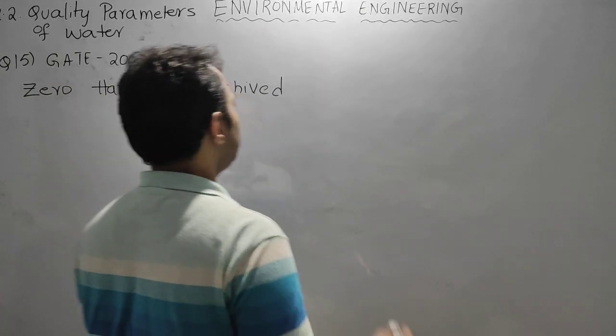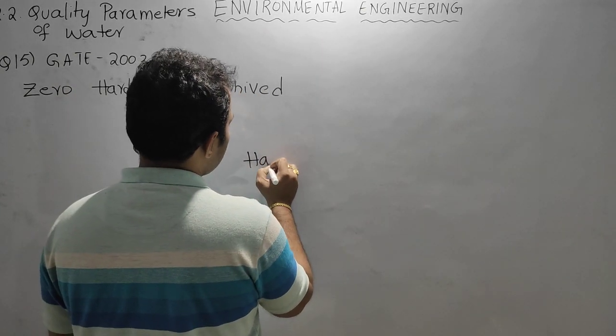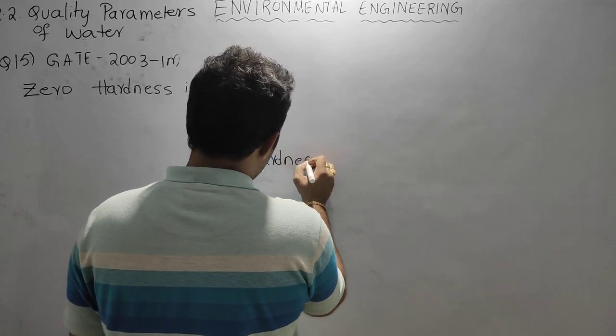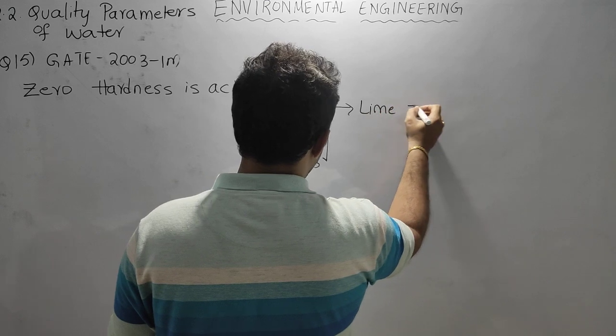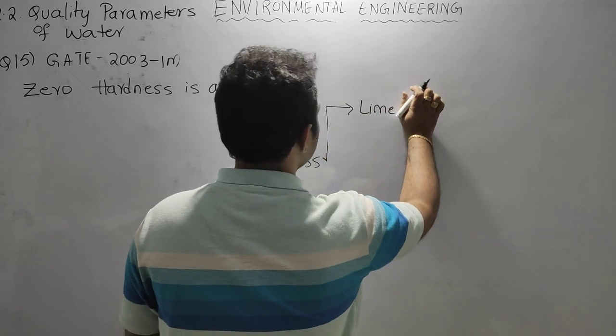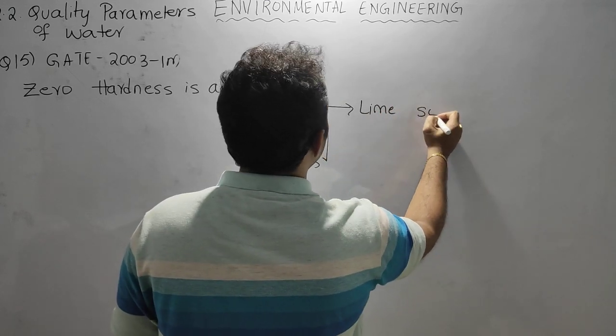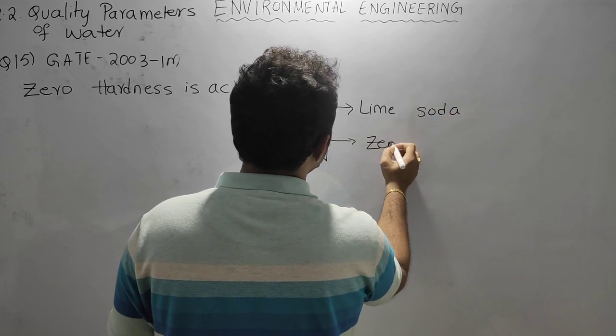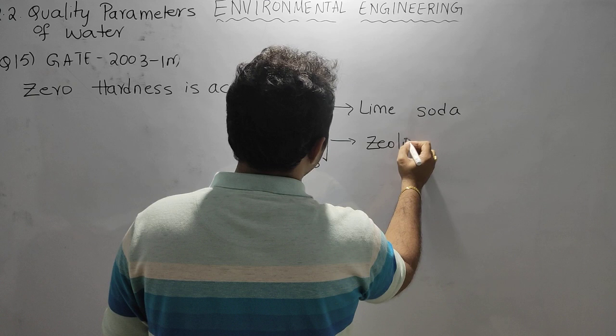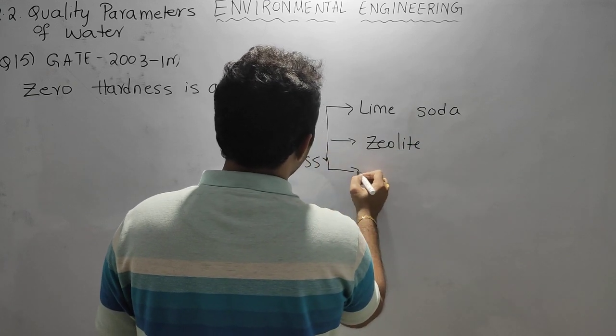Generally hardness is removed by various methods. Hardness is removed by the lime soda method, zeolite method, and demineralization technique.